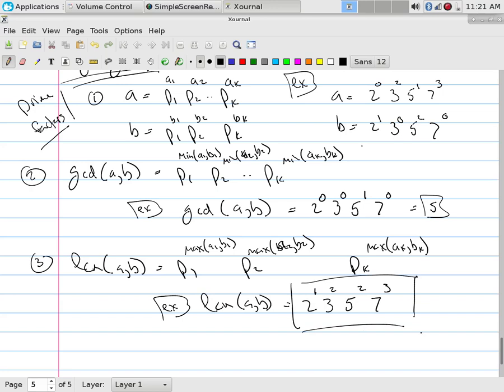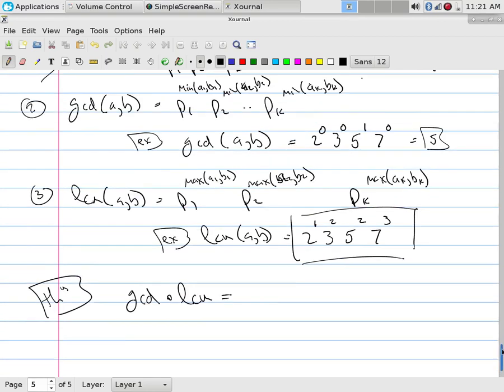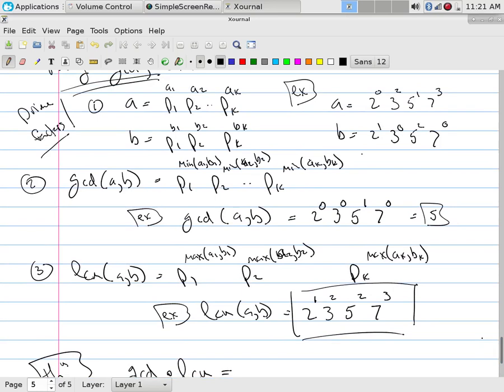This actually has a nice feature. What would happen for the GCD times the LCM? The GCD says take the smaller of the two numbers, and the LCM takes the larger of the two numbers, which would mean that you took both numbers.